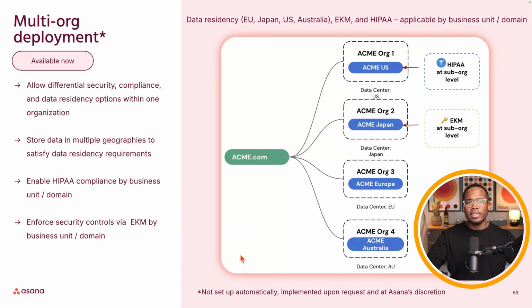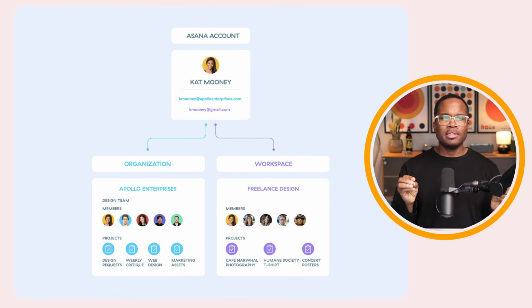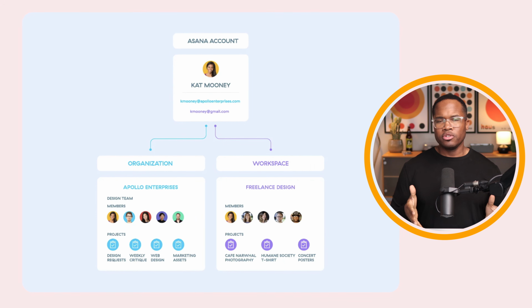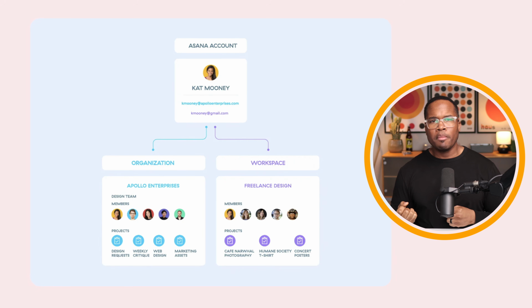Enterprise Plus also allows you this multi-org deployment. So rather than having one organization with multiple domains, you can then have global access to manage multiple organizations. Not to be confused with workspaces. Workspaces, I will say, are add-ons to your current organization space where you have a singular team. You can add any team members in there.